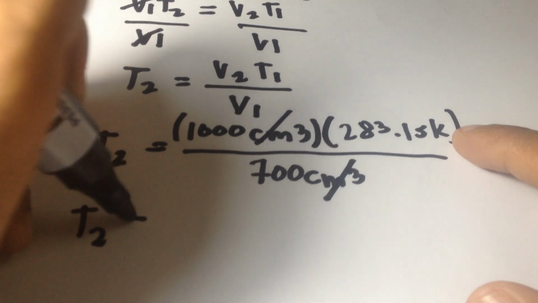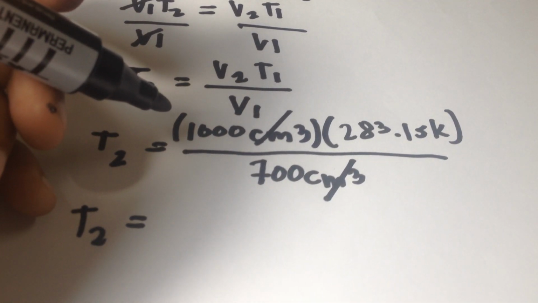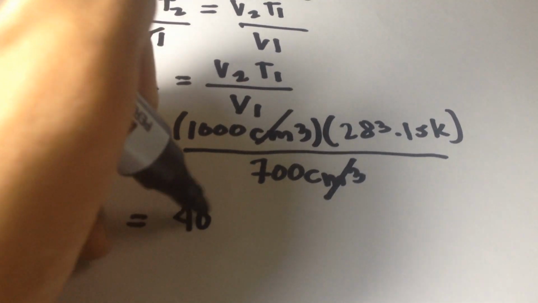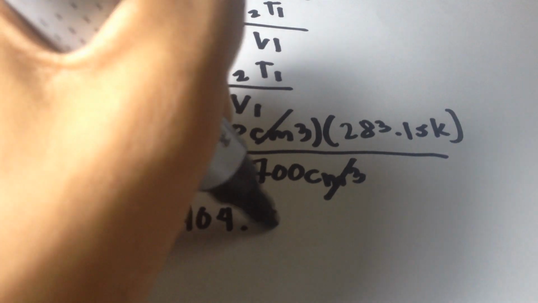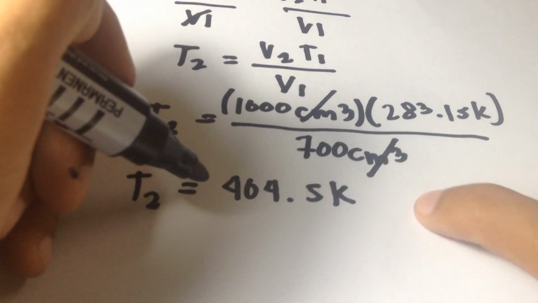So temperature 2 equals 1000 times 283.15 divided by 700, which equals 404.5 Kelvin.